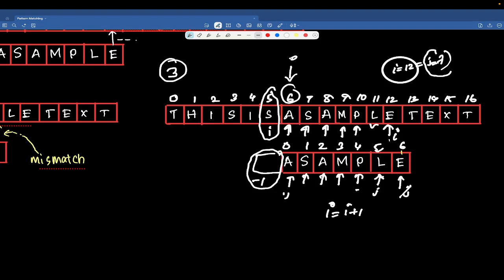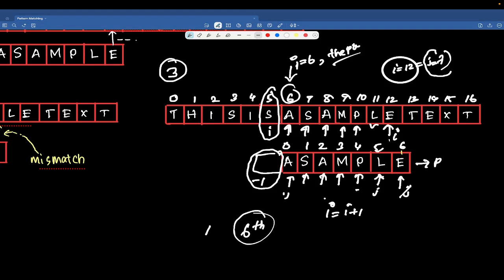That means I equal to 6 is the place where the pattern appears. So finally we can conclude that the pattern A sample appears in the main text at position 6.